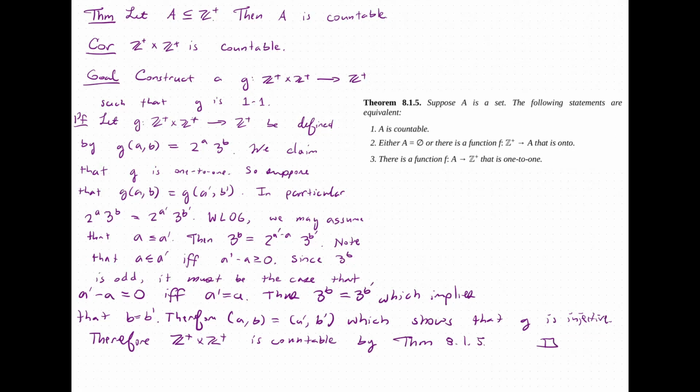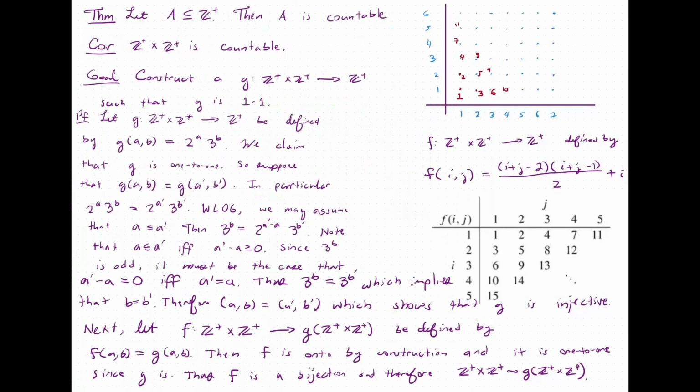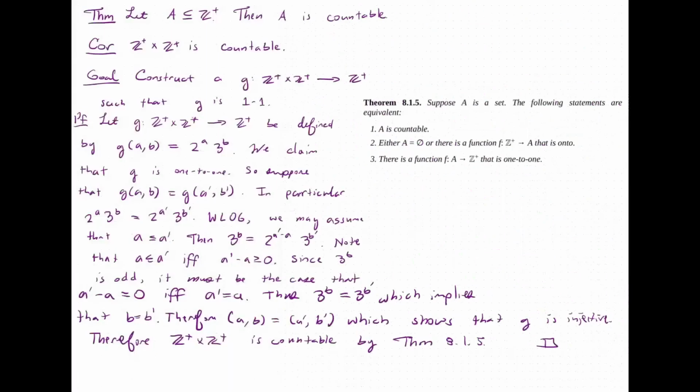And so that's the benefit of these results, is that we bypass having to find a function that is actually bijective onto the positive integers, as is the case with how the book proceeds about it. And we can now just prove it directly from the theorem, once we show that there is some 1-to-1 function going towards the positive integers.